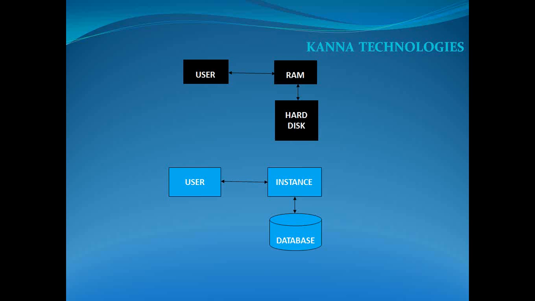Whenever any user requests some information from the operating system, what usually happens is the operating system will first check whether that information is available in the RAM or not, and if that information is available in the RAM, then it will be given to the user.